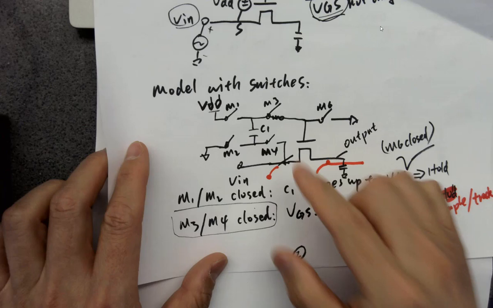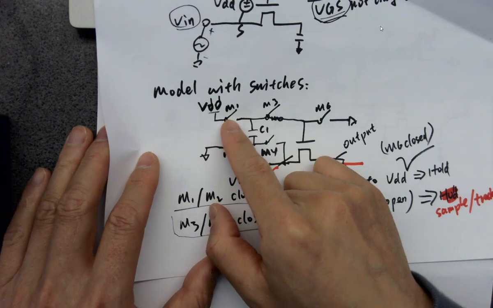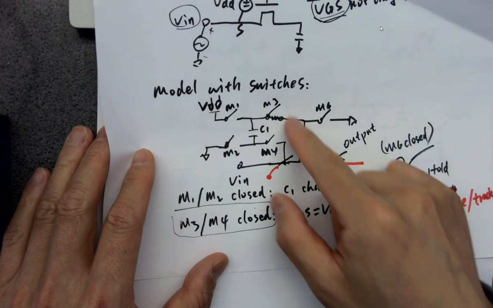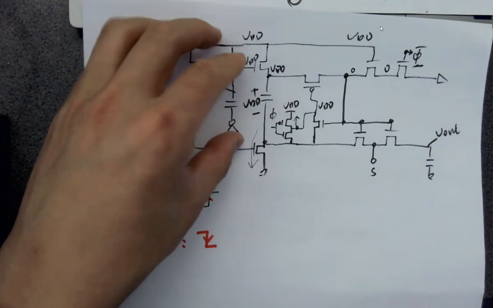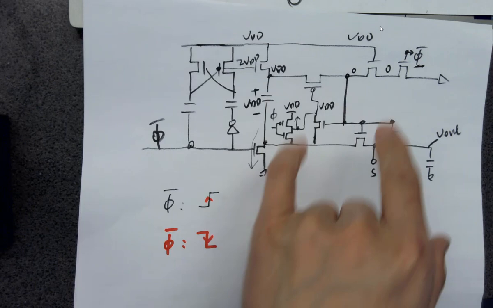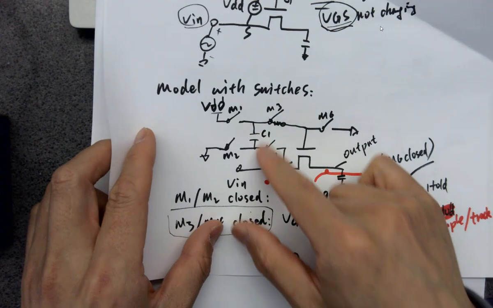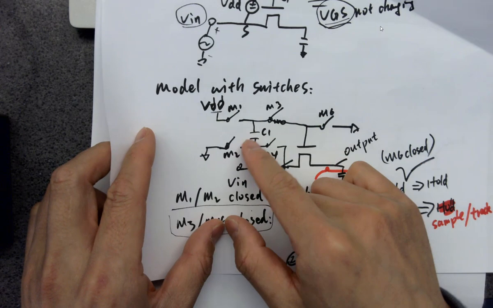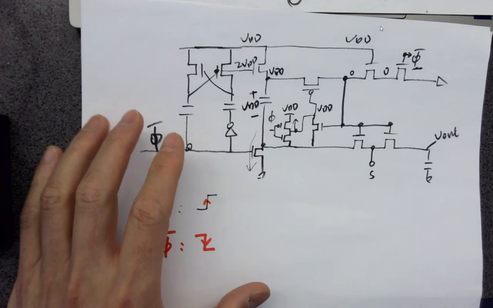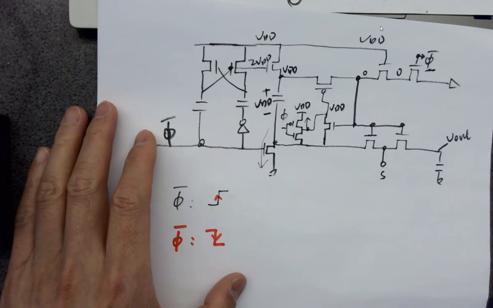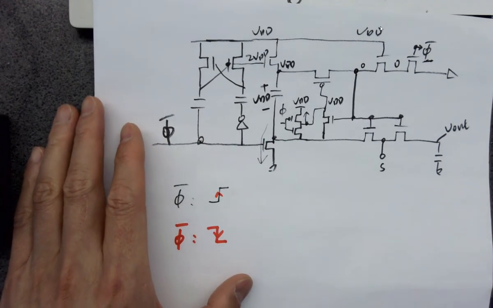It's doing a very similar thing because this one, you cannot just implement all the switches without any control. So that is why we are adding so many different things. Over here is the charge pump to boost the voltage. And these are all the switches that control the sample, hold and track phases. Okay? And that's the model, and that's a real world circuit in your phone's camera everywhere.